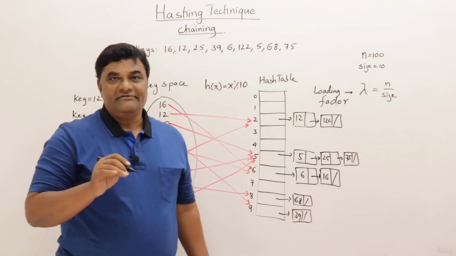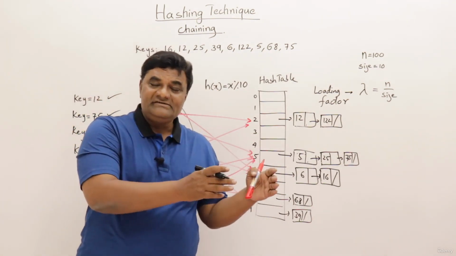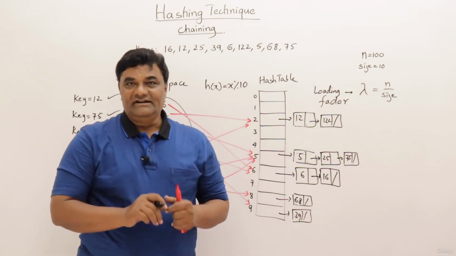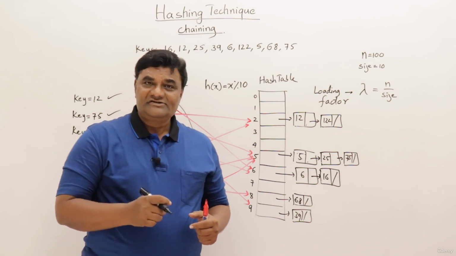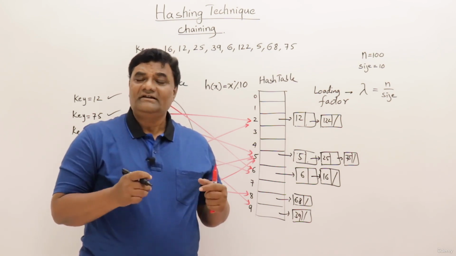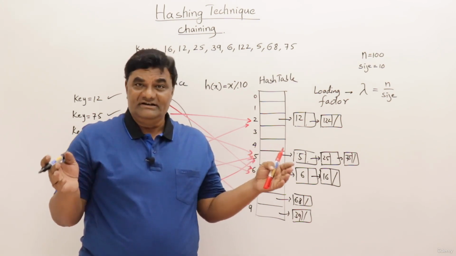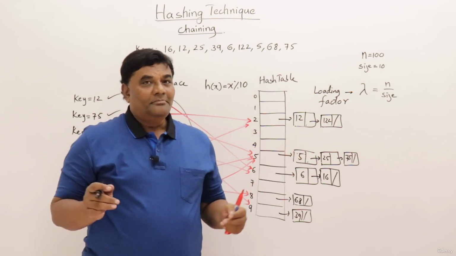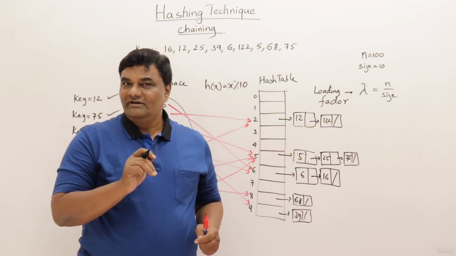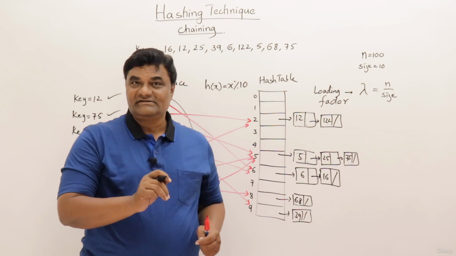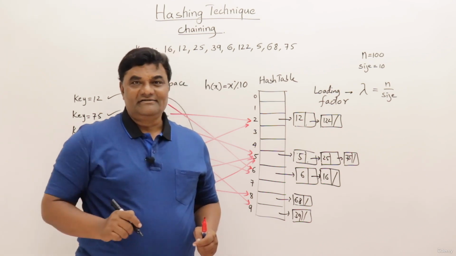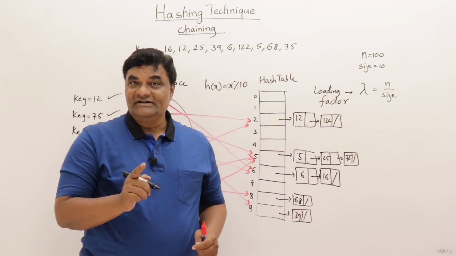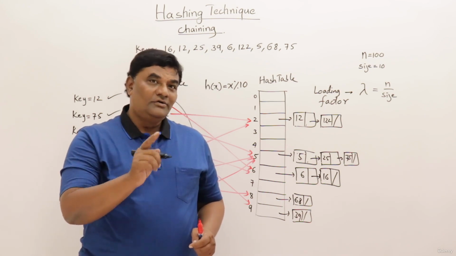Loading factor is the number of keys divided by the size of the table. Remember, all the data structures that we have analyzed so far were analyzed based on the number of elements, n. But here it is not based on the number of keys, n. It is based on the loading factor. So analysis of hashing is always done based on the loading factor.